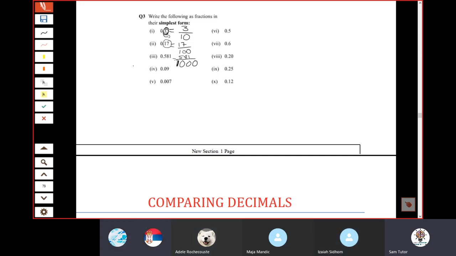Again, the top is going to be 9 over. How many numbers are there after the decimal? 2. Oh, 100. Yeah, 100. Okay. Bobby, this one's going to be 7 over. How many numbers after the decimal? 7 over 1000. Isaiah, this one's going to be 5 over. 10.